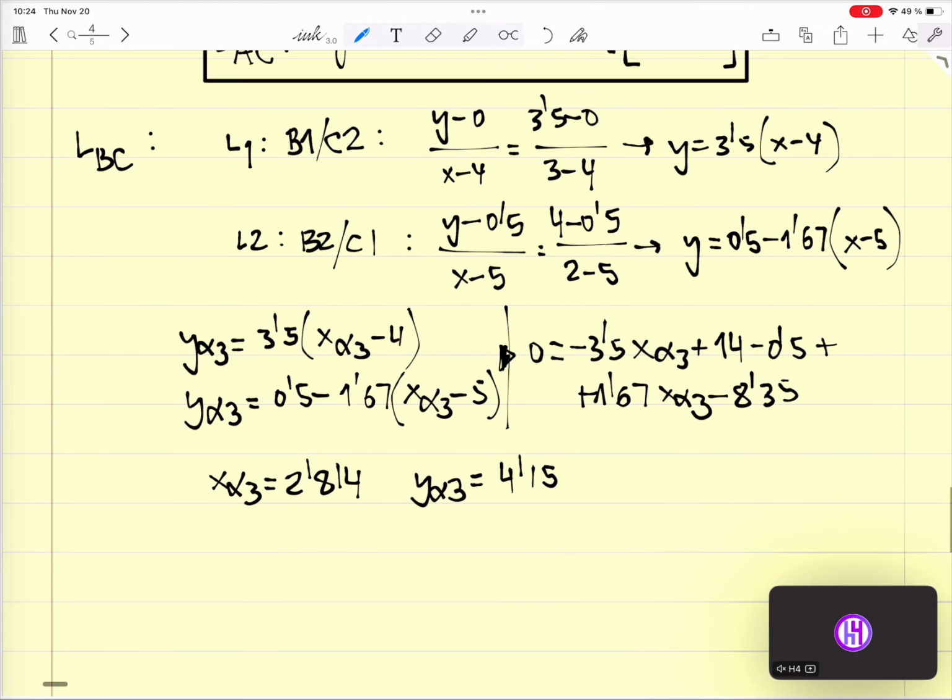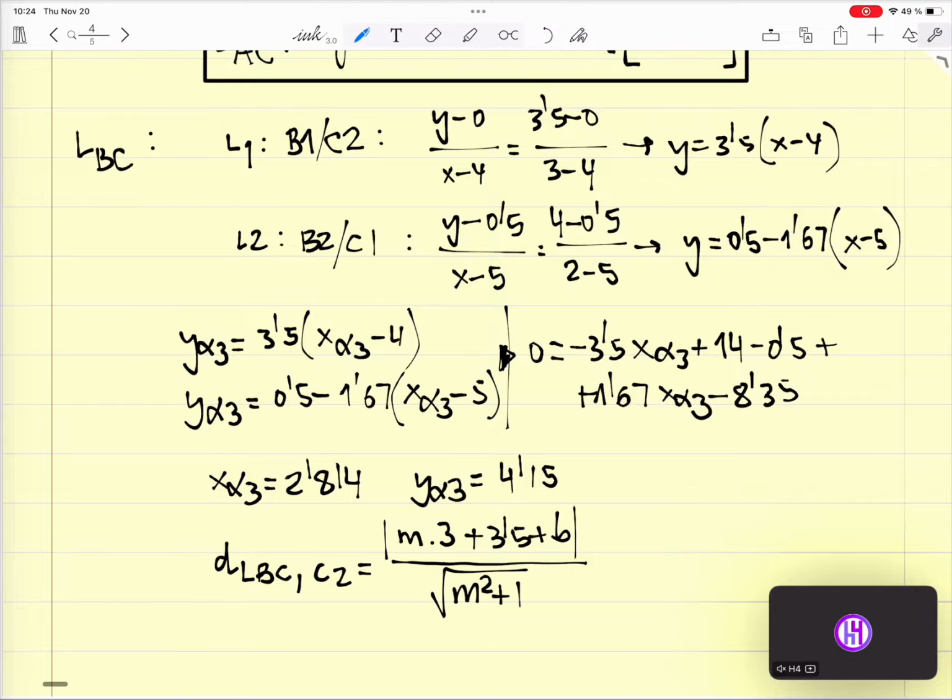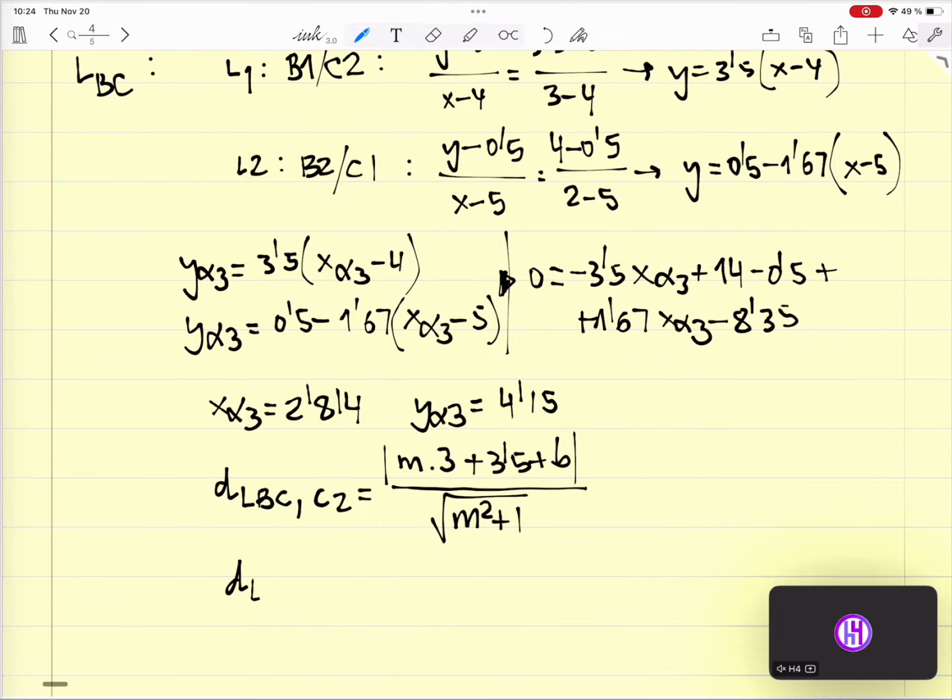Okay, so the distance between the line BC separating B and C2 equals m times 3 plus 3.5 plus b divided by square root of m squared plus 1, and the distance between LBC and B1 and B2, sorry, equal m times 5 plus 0.5 plus b divided by the same square root of m squared plus 1.